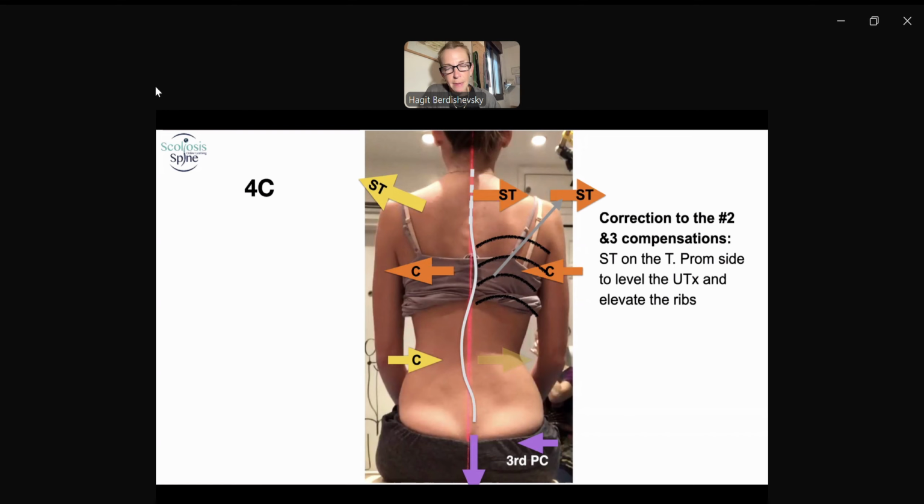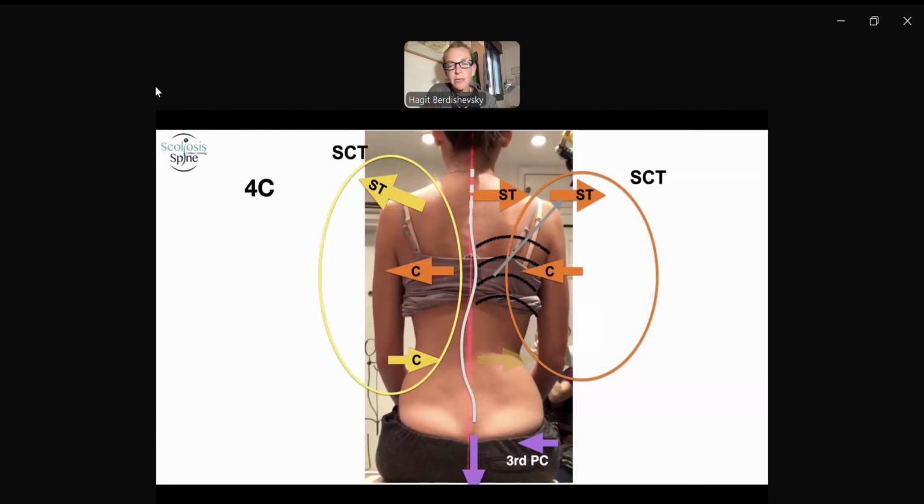So always, always, always, shoulder counter traction on the right side, on the thoracic prominent side, in this case the right, is to take care of the ribs that were falling down from overexpansion of the thoracic to the left, and the upper thoracic to stay level without upper thoracic creation, all in response to what's going on in the thoracic, any compensation happening.